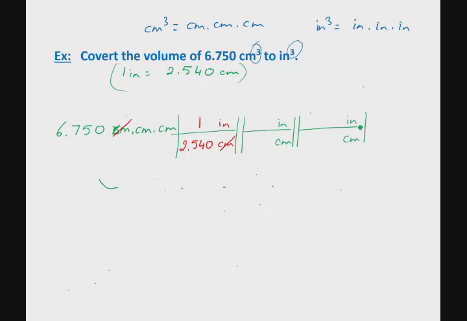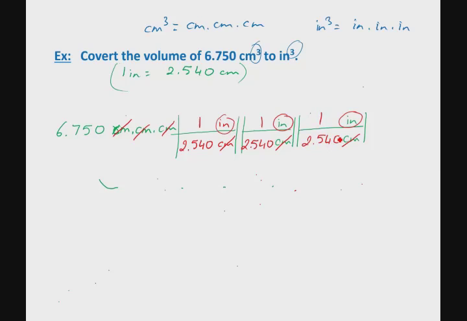Because when you do that, then you see that all the centimeters are crossing out, they're canceling each other, and you end up with inch times inch times inch, which is nothing but inch cube. Using the same equation, 1 inch equals 2.540 centimeters and 1 inch equals 2.540 centimeters.